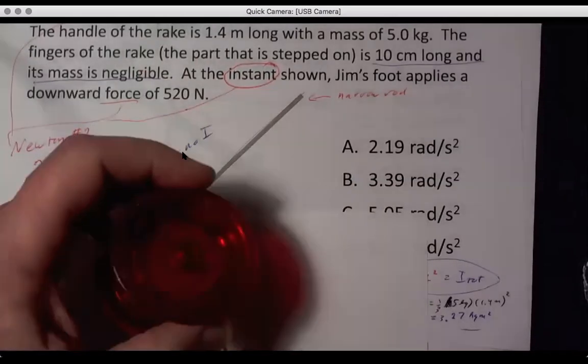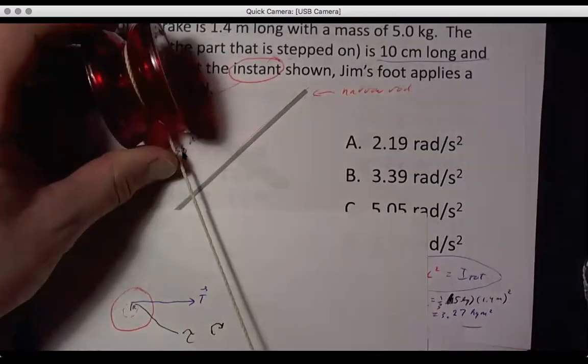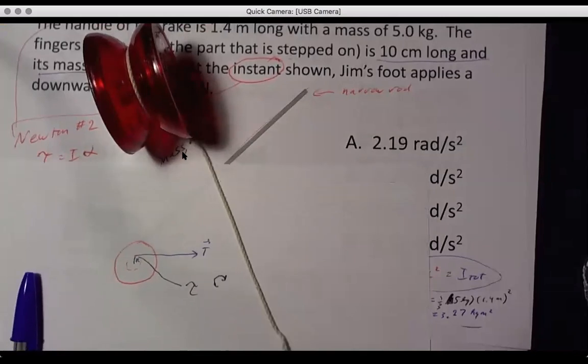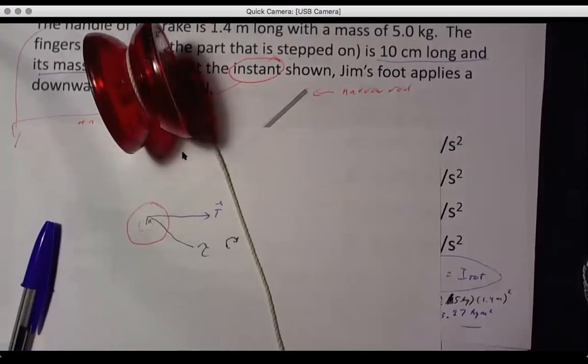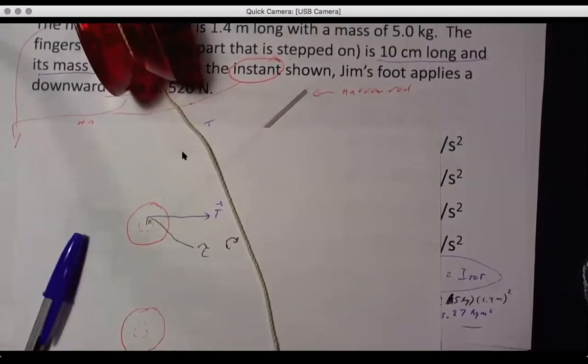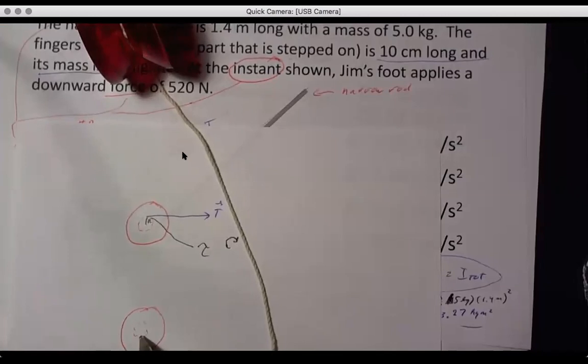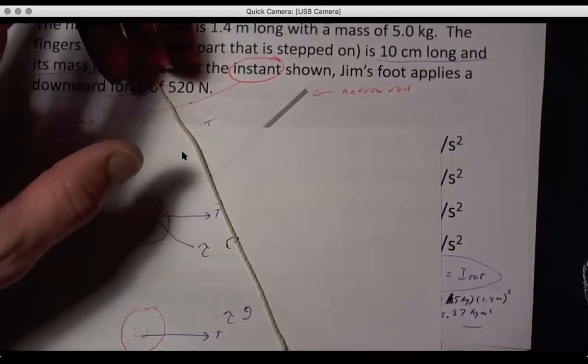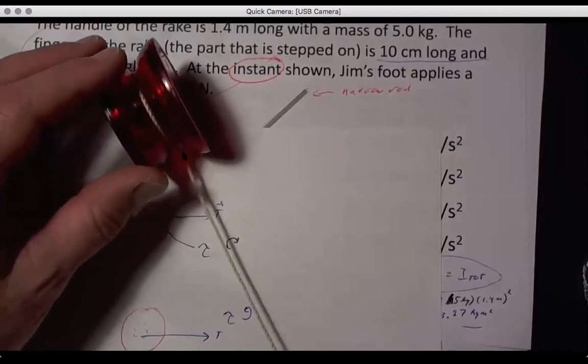Now, what happens if I flip it upside down? Now, the string is on the bottom, right? So I can push this up where I can see it. I draw this. Now we're pulling off here at the bottom, and so the torque corresponding to this should be this way, and that would suggest it should roll away from me.